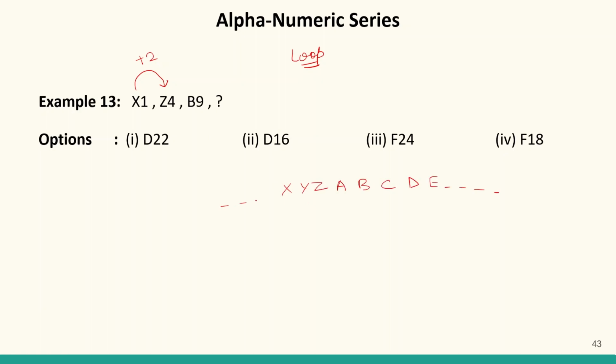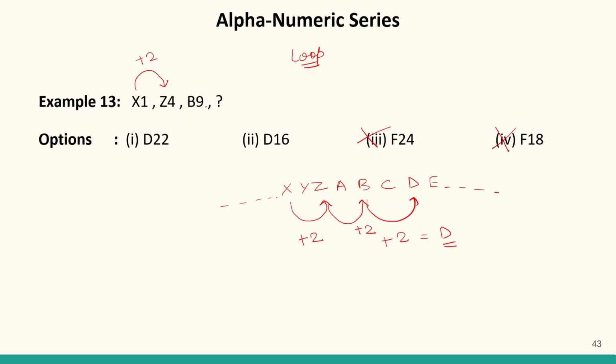A, B, C. So from X we are going to Z, there's an increment of two positions. From Z we are going to B, there's an increment of two positions. We are following the concept of the loop. And from B we'll go two positions forward, that is D. Eliminating these two options.